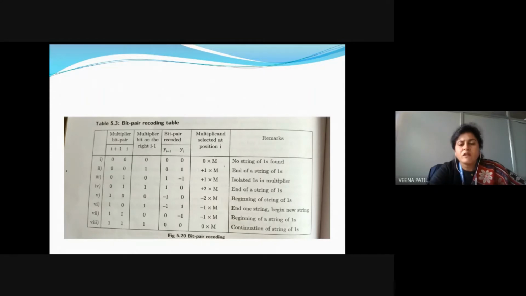Similarly, plus 1 also means isolated ones in multiplier. Plus 2 means end of string of ones, whereas minus 2m means beginning of string of ones. And minus 1 means end one string, begin new string. Or you can say beginning of a string of ones.